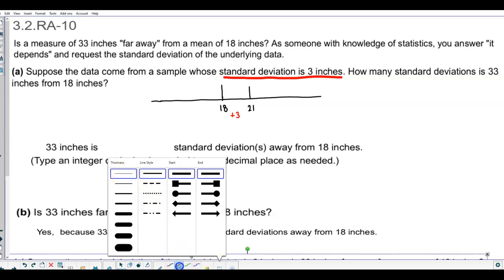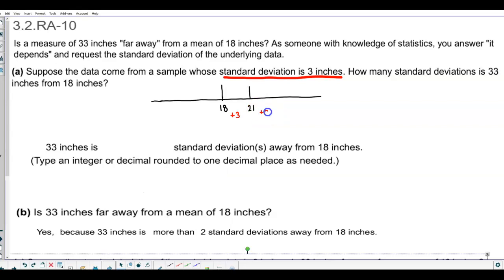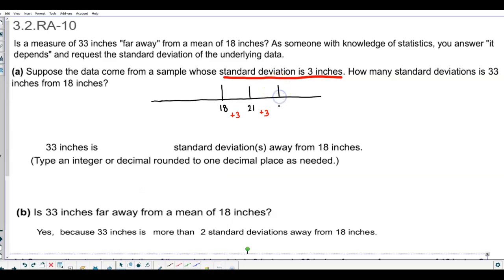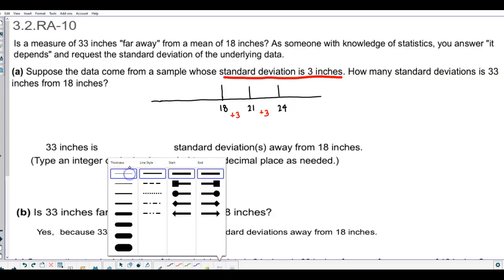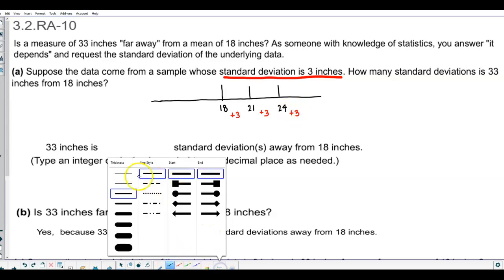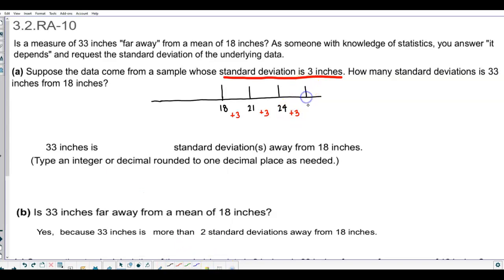Now, let's add another 3, and then we get 24. Let's add another 3, and we get 27.